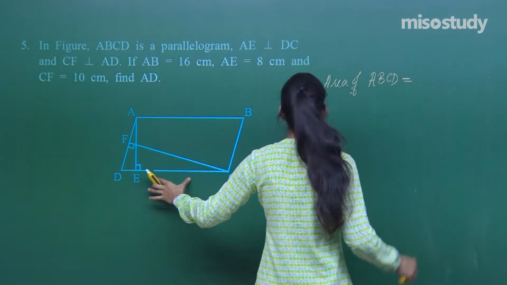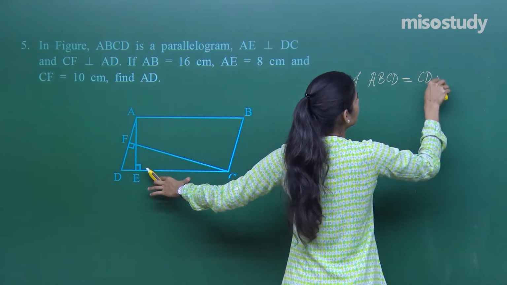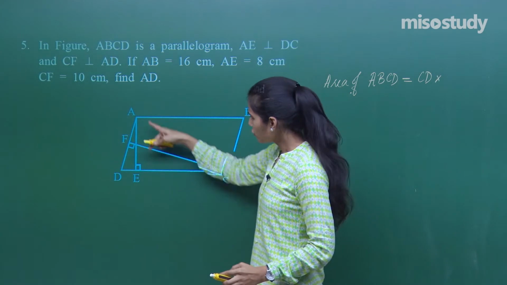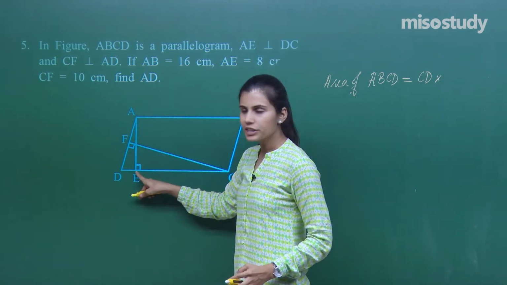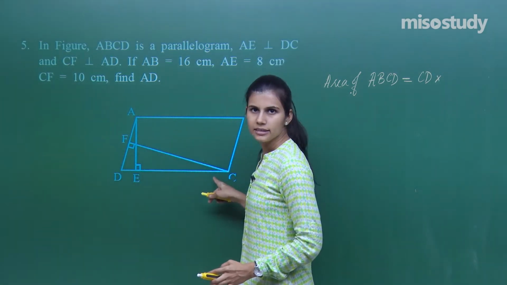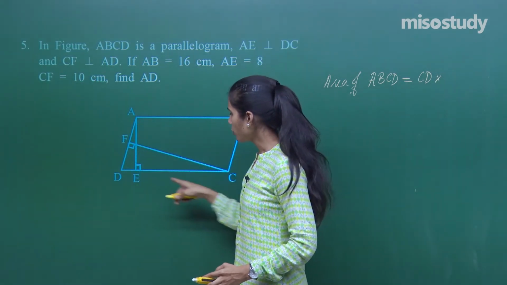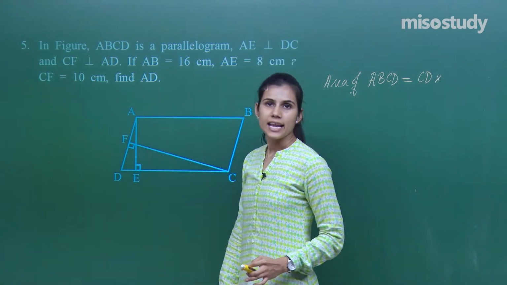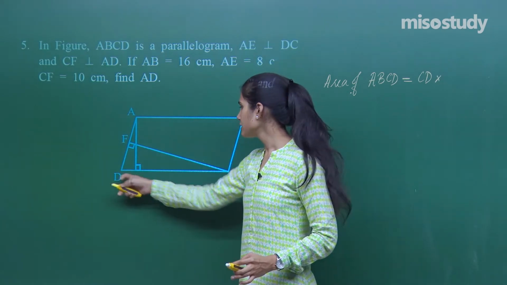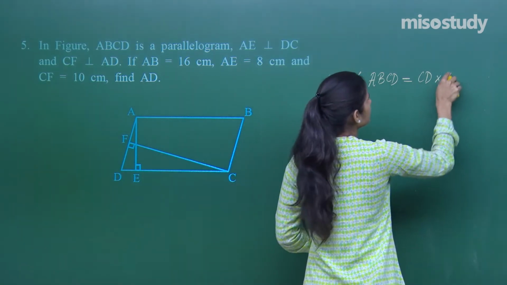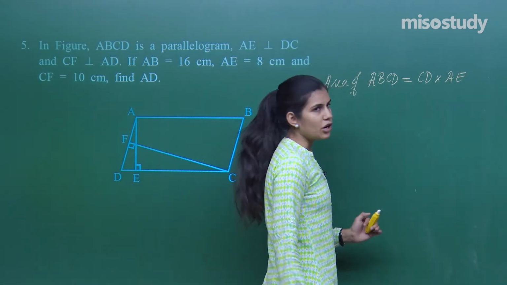If I take CD as the base, then you can clearly see AE is the altitude corresponding to the base CD. So AE's length will be the length of the altitude corresponding to the base CD. So this multiplied by AE will be the area of ABCD.